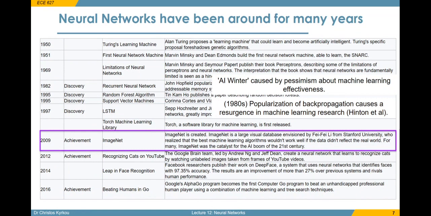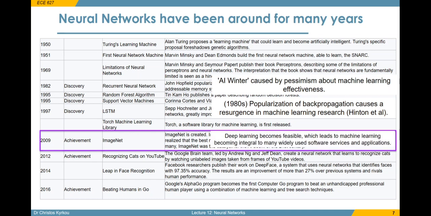And again, about 10 years ago, people started looking at neural networks again. That was mainly because they showed very good performance on very large scale computer vision and recognition tasks. So that brought a lot of attention to neural networks again in their new iteration that is called deep learning.